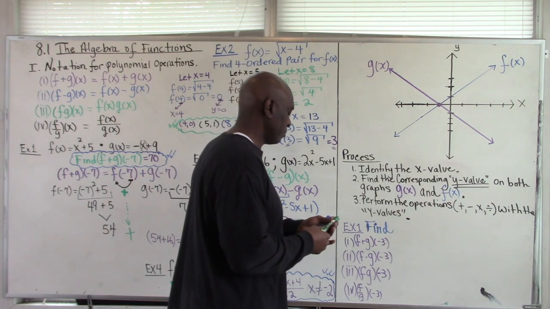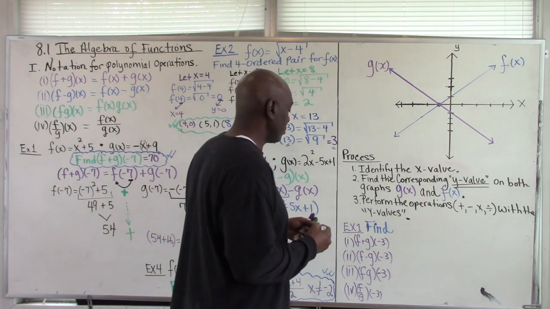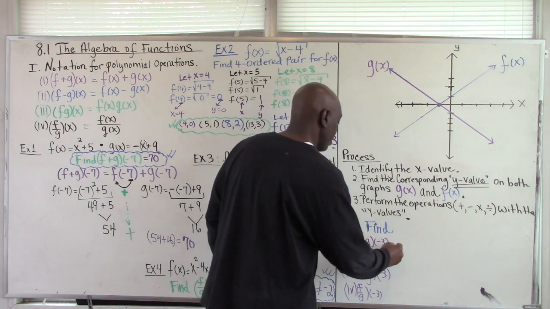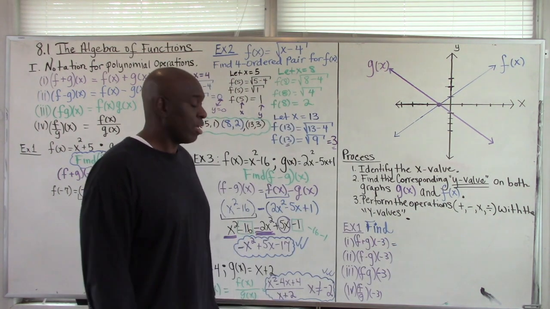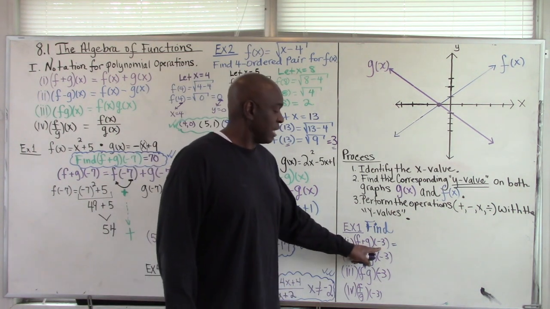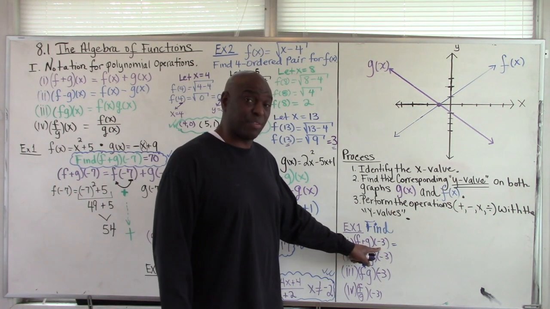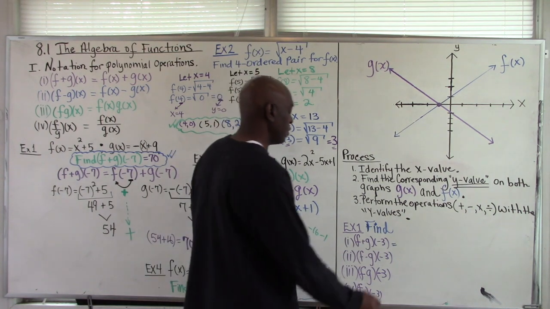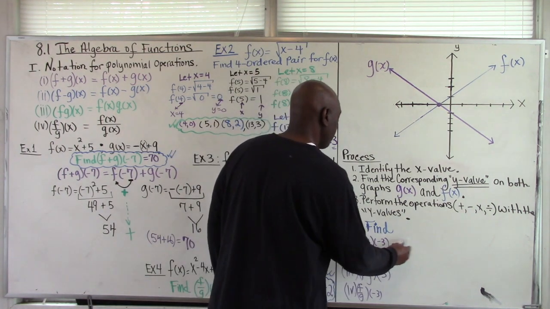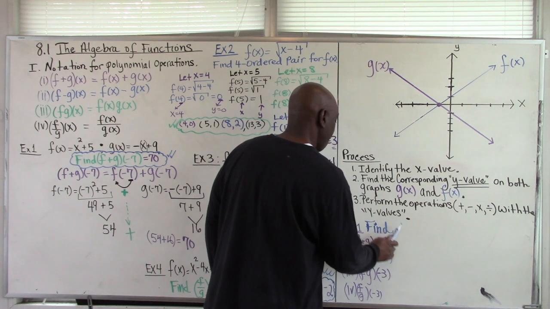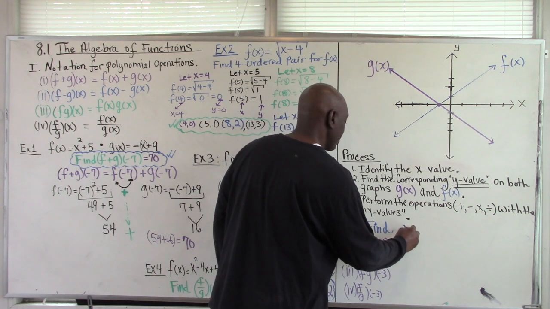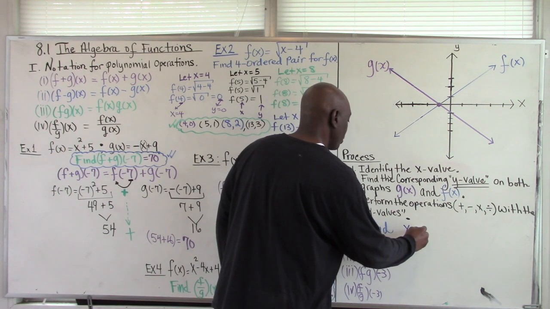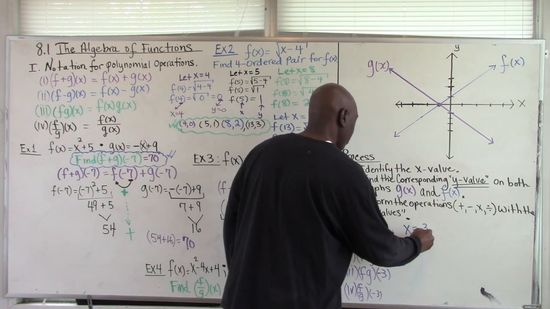So, this right here equals. Here's the first one. You have to realize that this f of negative 3, that is the x value. So for this one, and for all of them, x equals negative 3.